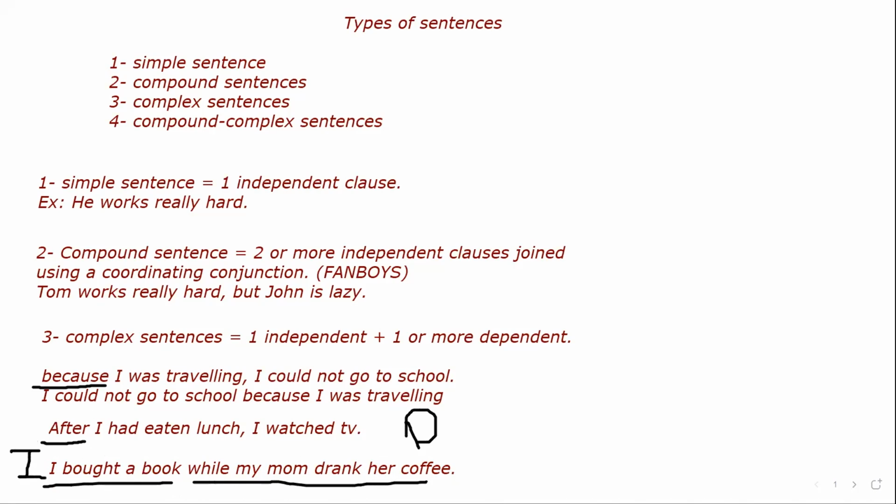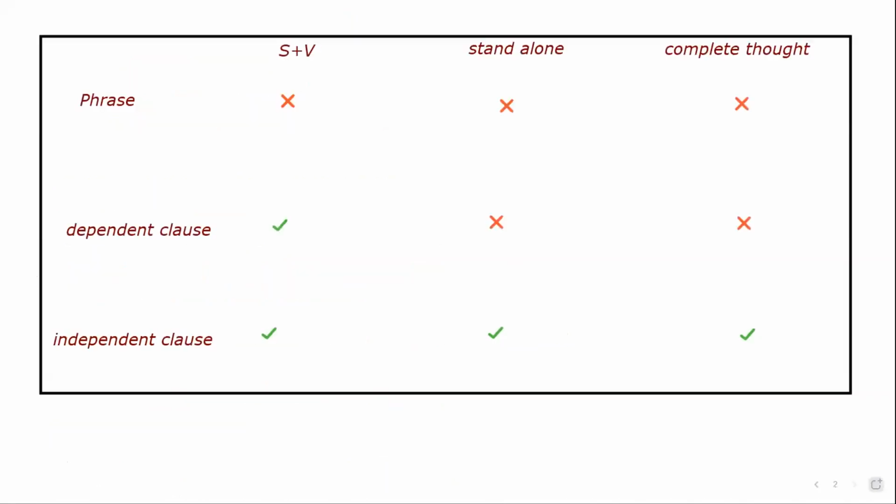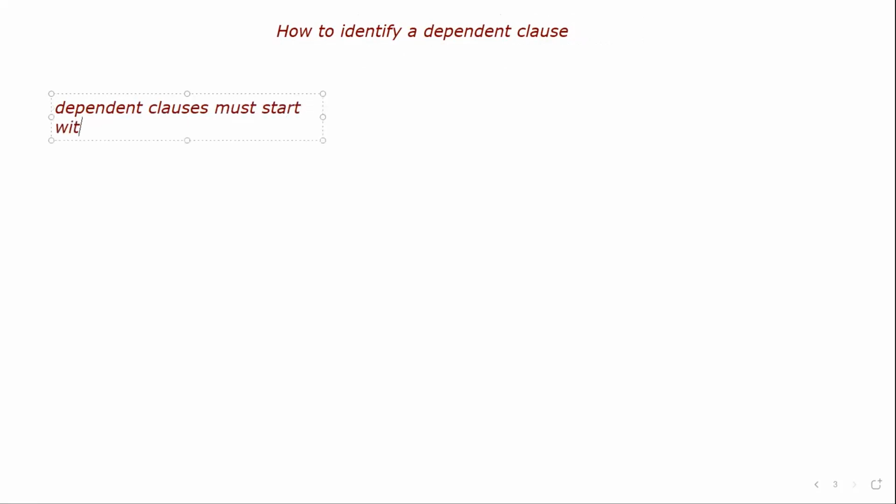How do I spot and identify a dependent clause? This is the last thing. How to identify a dependent clause? Well, how do you think? Dependent or subordinate clauses must start with a subordinating conjunction.